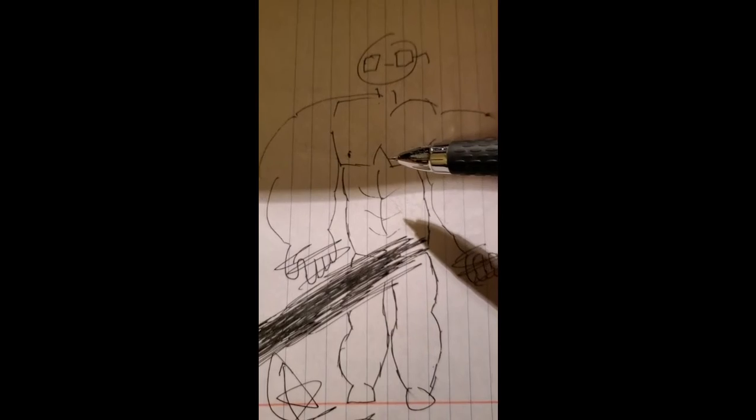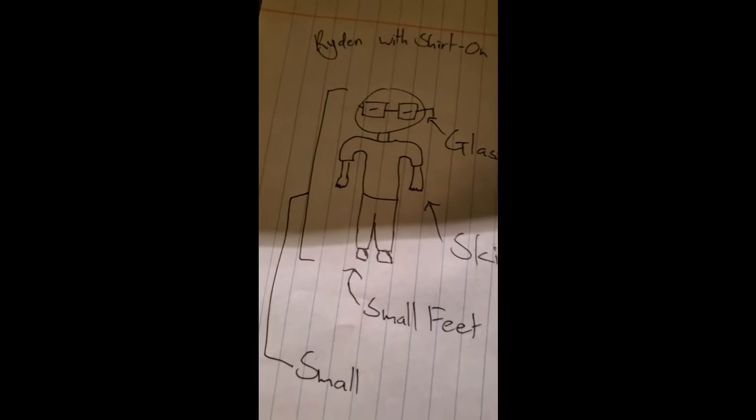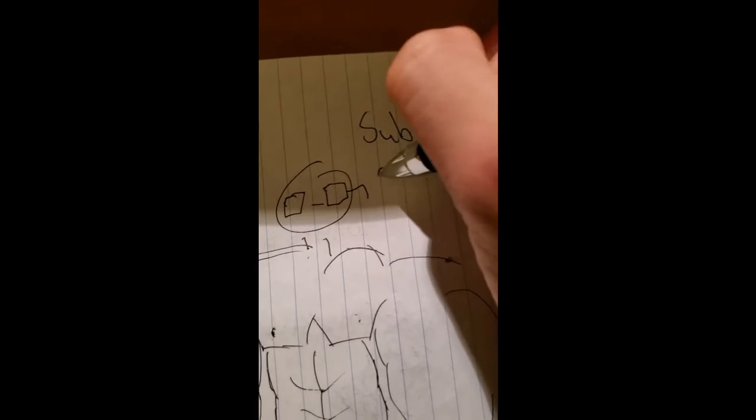There we go. Now with this, we can now see that his arms will be about the size of his chest, and his chest will be about the size of him sticking his arms out, as we saw before, while being with his shirt on. So this is now what we'll call subject, because he's no longer human, shirt off.